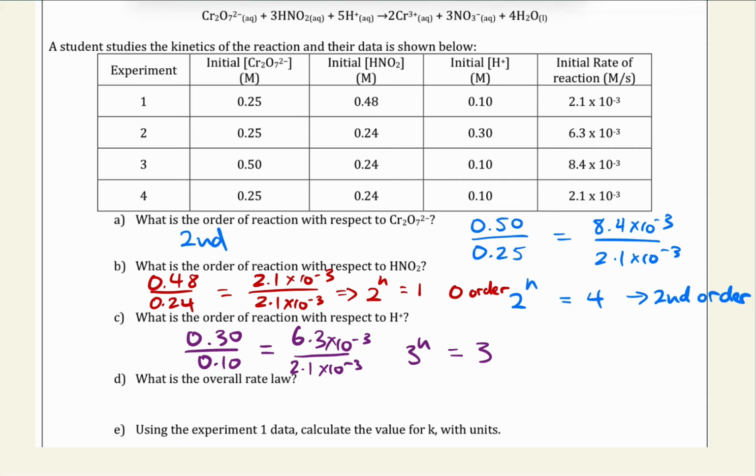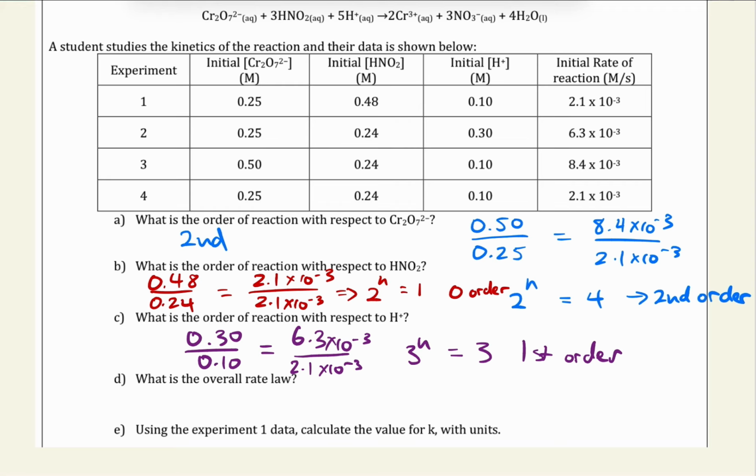When we simplify this, we see that our n is equal to 1. In other words, this is first order. In other words, if we double our concentration, the rate will double. If we triple our concentration, the rate will triple.